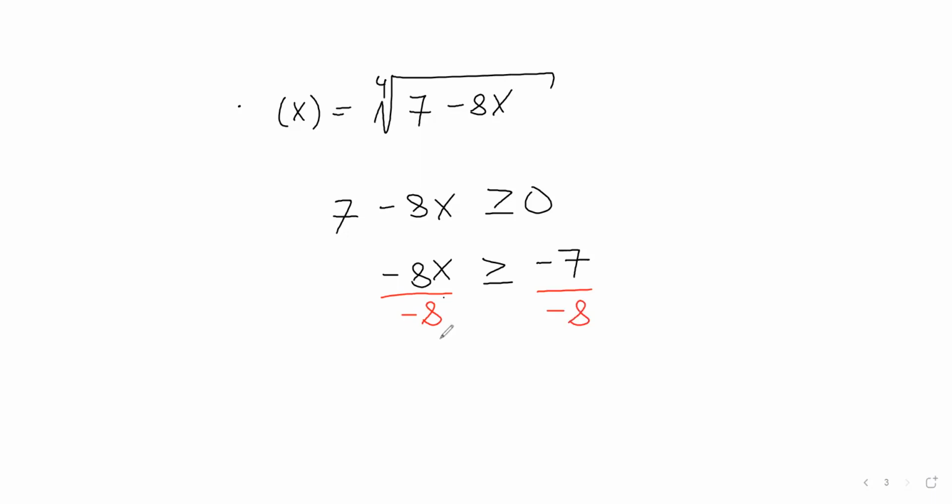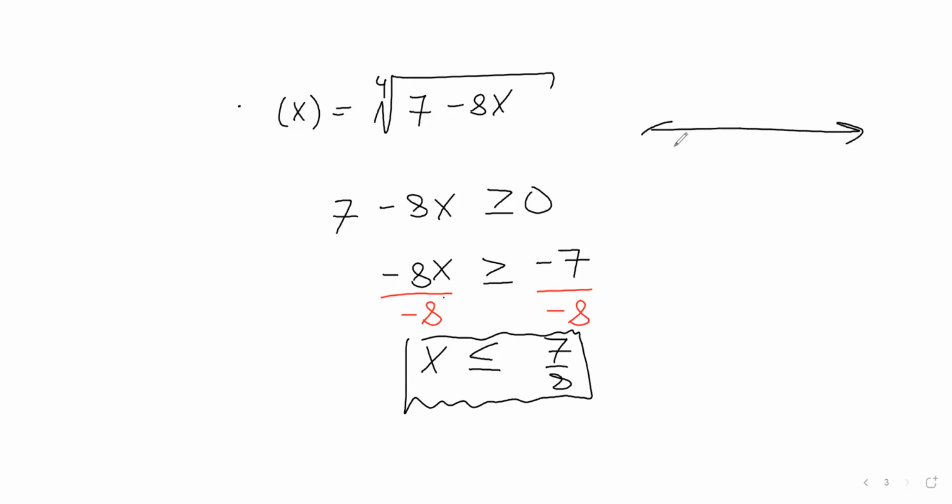When you divide both sides by a negative, or multiply both sides by a negative, the inequality symbol reverses its direction. So here we have all numbers on the number line except 7 over 8. So x can be equal to 7 over 8, or x is less than. So when I read this blue graph from left to right, I have negative infinity to 7 over 8, filled in circle is a bracket.